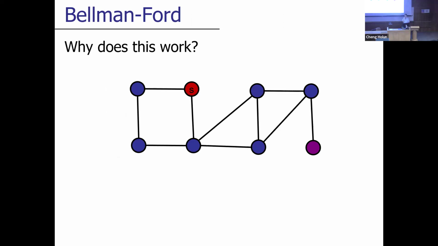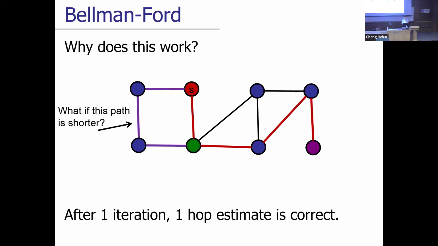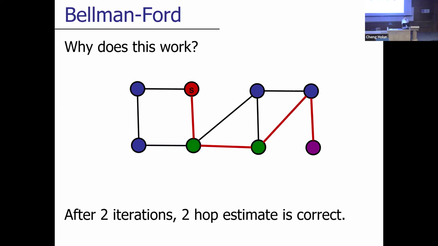Actually, if you notice, this is why Bellman-Ford works with n iterations. After one iteration, every node within one hop from the source has a correct estimated distance. After two hops is correct, and so on.